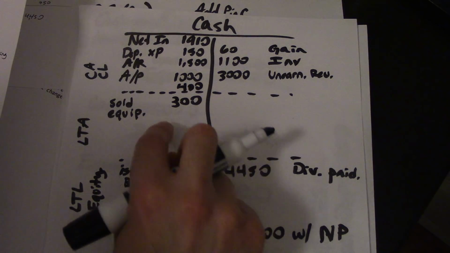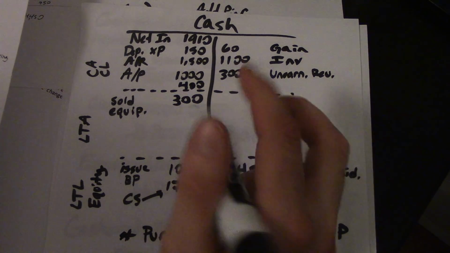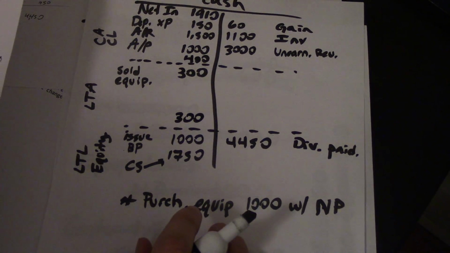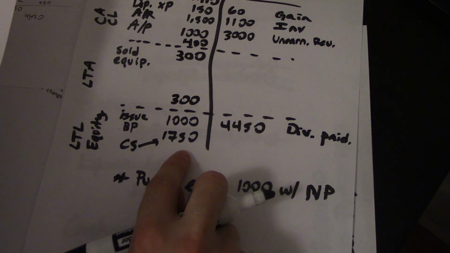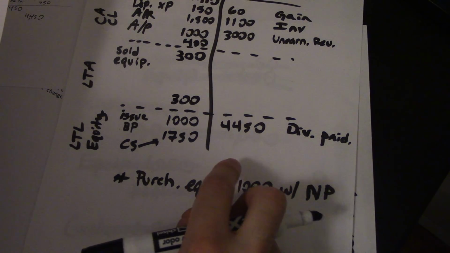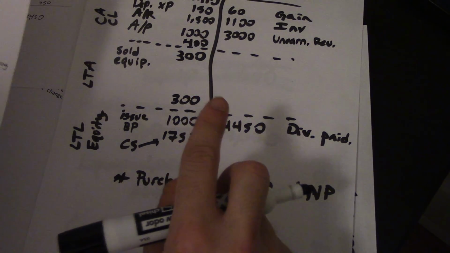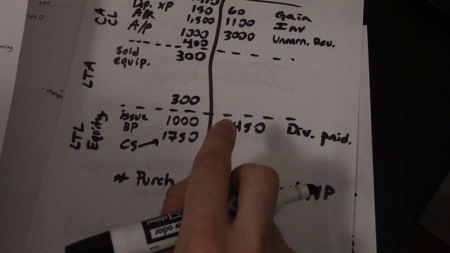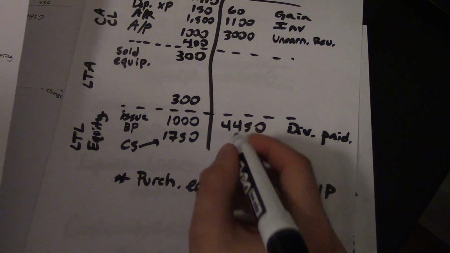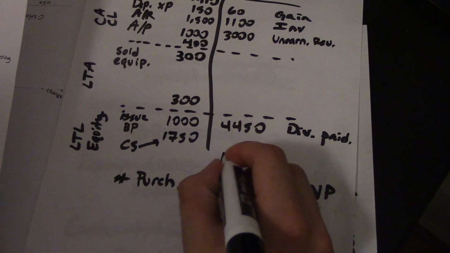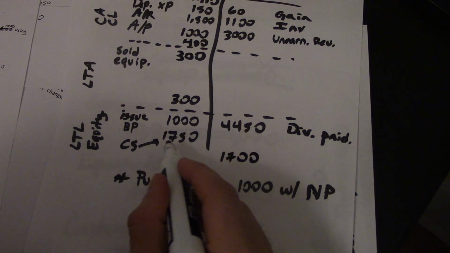Our cash flow from investing is our debits minus our credits, which is $300. And then our cash flow from financing is our debits minus our credits, which is negative $1,700. So you can put it as negative $1,700, or you can just put it as a credit over there.